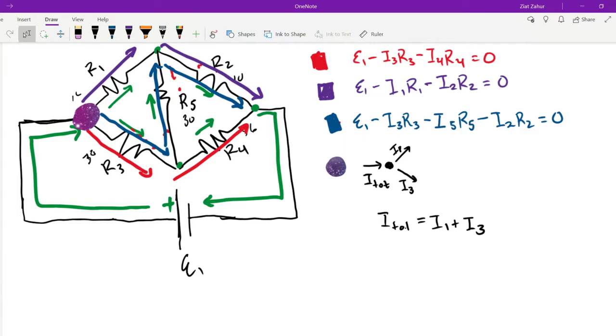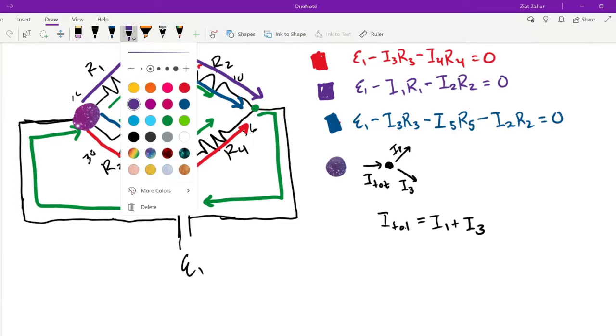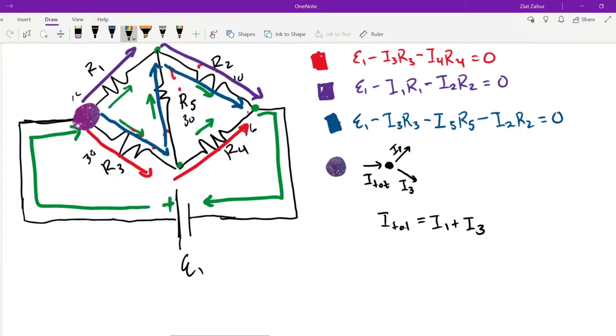Okay, let's do another junction, and another junction, and another junction. Ooh, rainbow pen. Okay, rainbow. How is this any different? I don't know. Alright, for this one we have I2 and I4 going in, and then I total coming out.